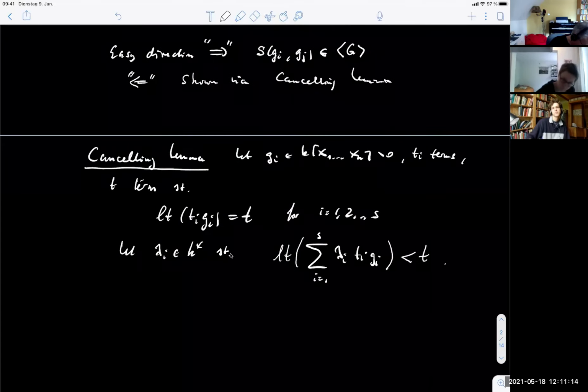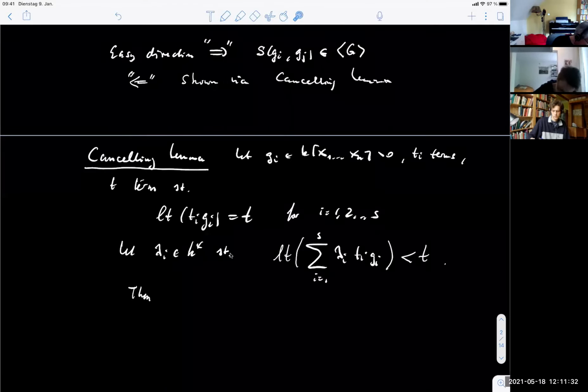Then the point is, if this happens, one can show that this polynomial is actually a linear combination of the S polynomials of the G's.